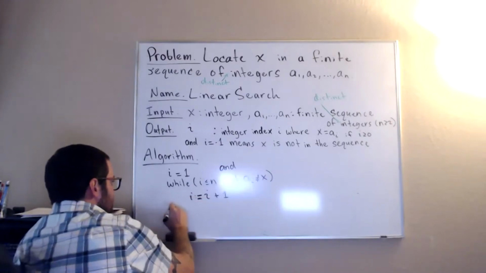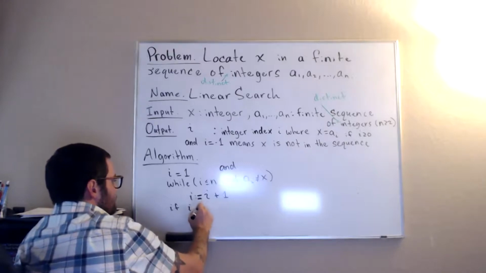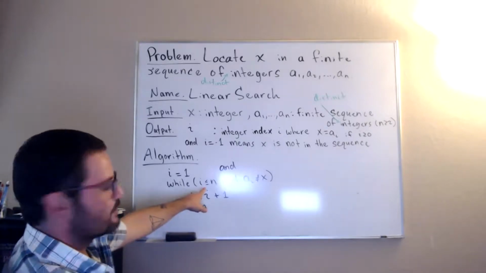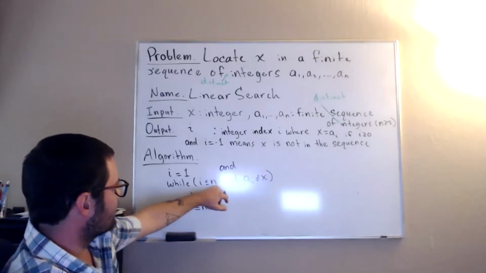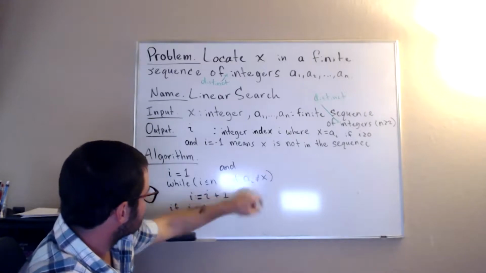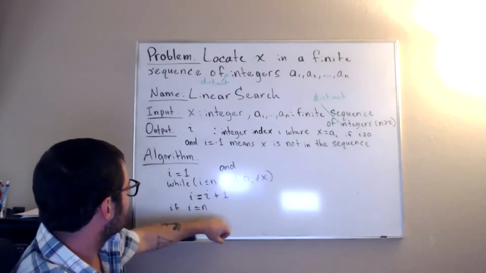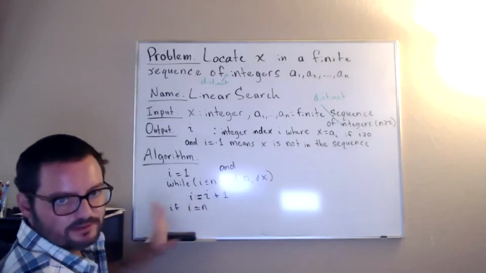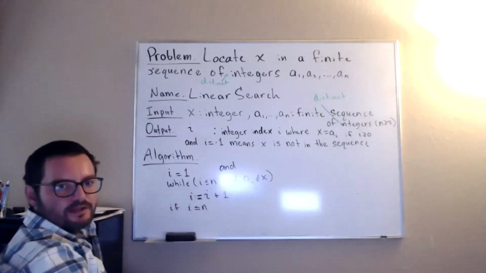So if I is less than or equal to n, that means that we broke out of this while loop before n or at n. Right, so if I is equal to n and then we go to I plus 1, then that would be bigger than n, it's fine. So the only way that we're going to break out of this and have I less than or equal to n is if we found x inside of the sequence.